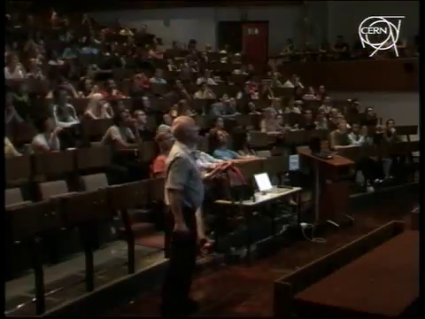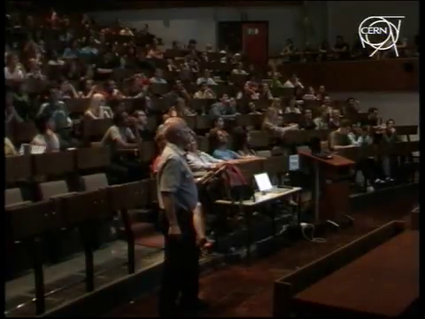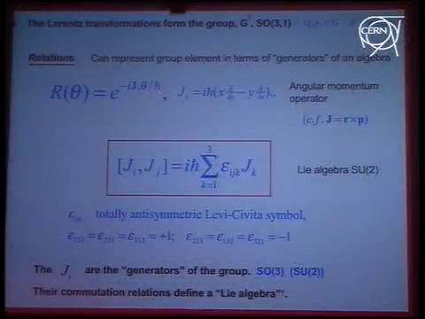You can write this in an exponential form, e to the minus i J dot theta over h bar, where J is the angular momentum operator. Theta tells you how much you're rotating about the z-axis, if I chose J to be the z-axis. But more generally, theta could be in the x or y direction.